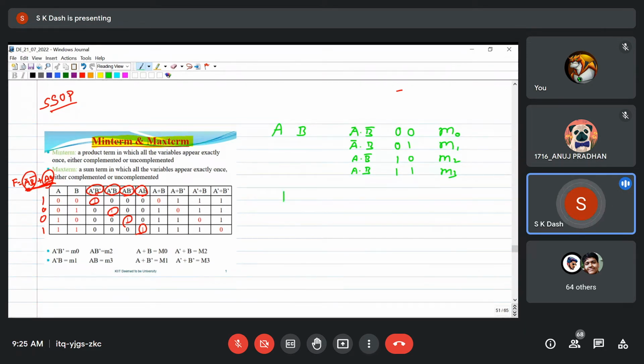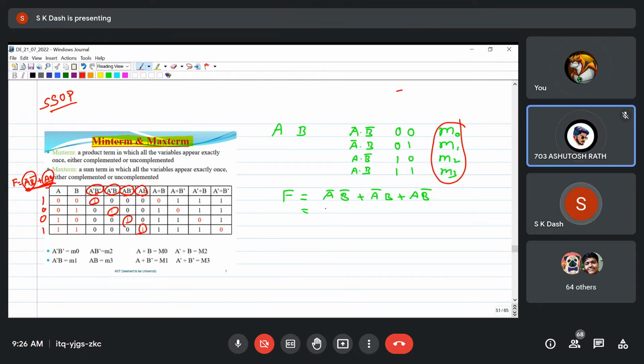So now suppose I write a function A bar B bar plus A bar B plus AB bar. Suppose this is given. So what is A bar B bar in terms of mean terms, M0 to M3? What is A bar B bar? Just check this and tell.